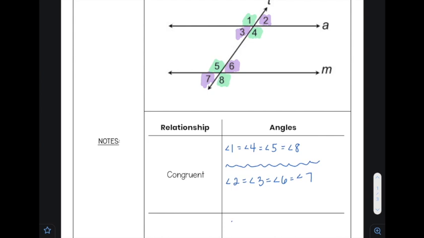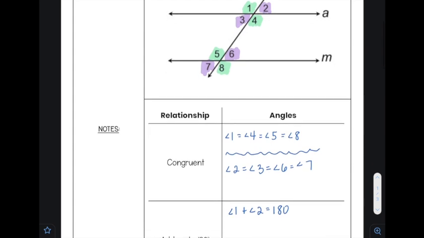So we have angle 1 plus angle 2 would equal 180. We have 2 plus 4. We have 1 plus 3. And then we have angle 3 plus angle 4. All of these pairs will equal 180.